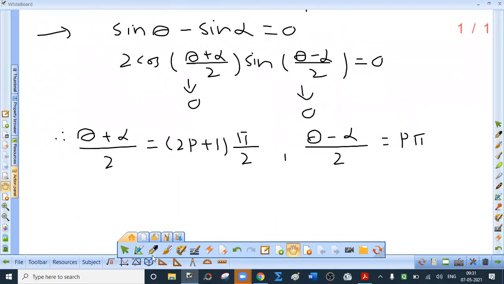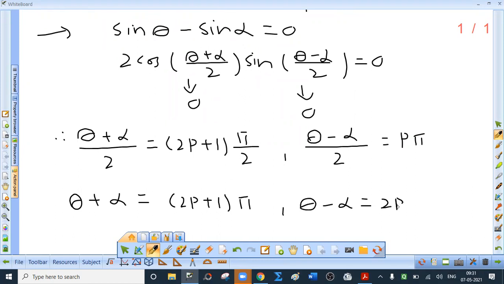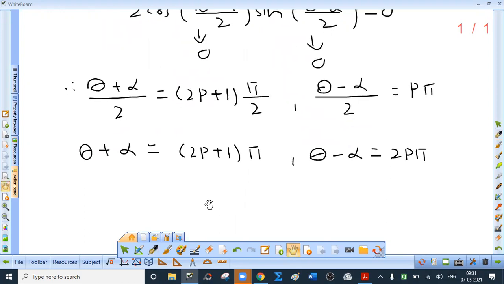Now rearrange the terms. So that gives me theta plus alpha equal to what? 2p plus 1 into pi. Theta minus alpha equal to 2p pi. That is, let me explain first. Theta is nothing but (2p plus 1) pi minus alpha.